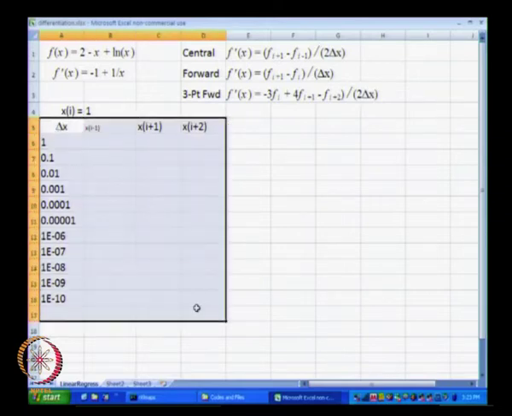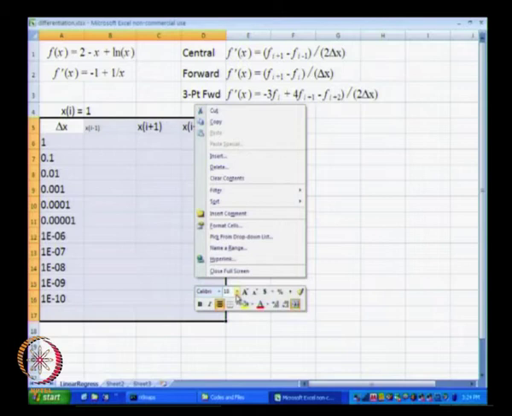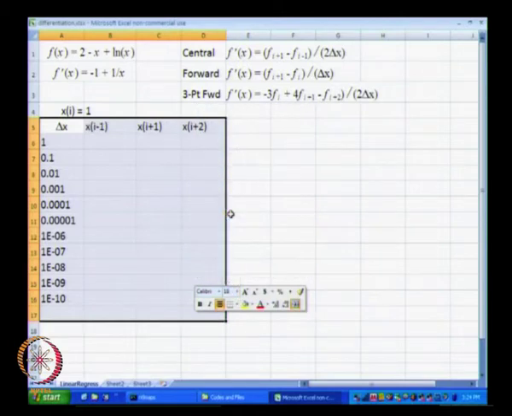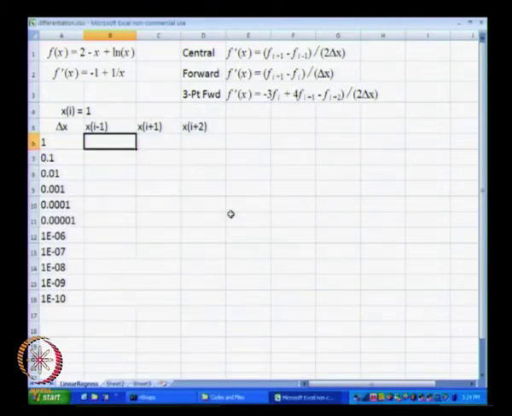I will increase the font size to 18 for all of these. So x of i minus 1 is equal to x of i, with dollar signs because x of i is not going to change, minus delta x.